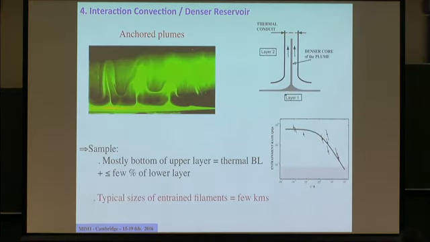So a last thing I wanted to tell you was that we are able also to get to the entrainment rate, the destruction rate of those density heterogeneities. If you have a situation where, for example, you're stratified locally, but you still have those plumes coming up from the interface, then you're going to entrain part of the lower layer by viscous coupling.